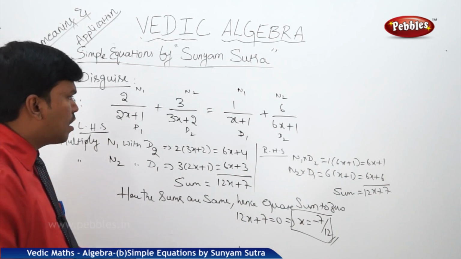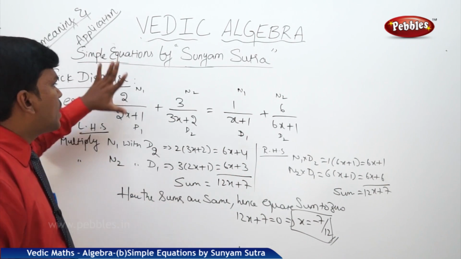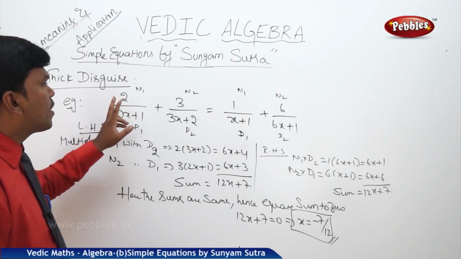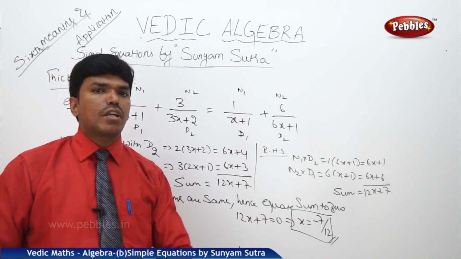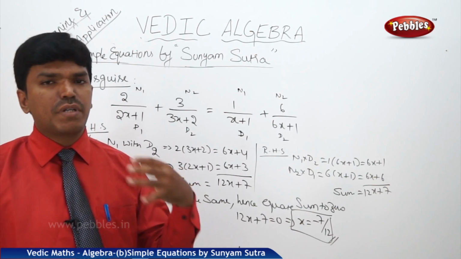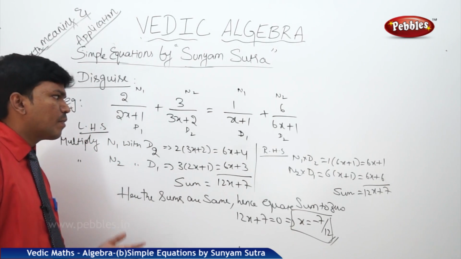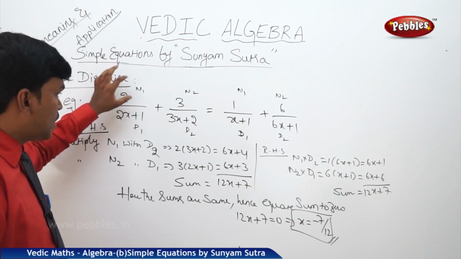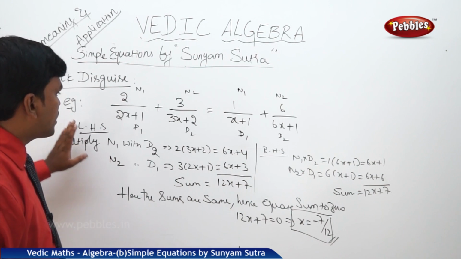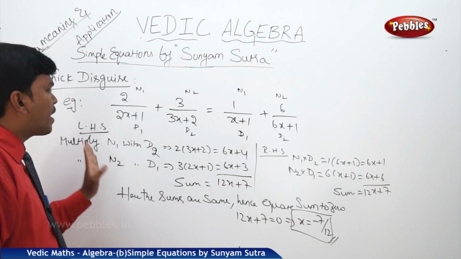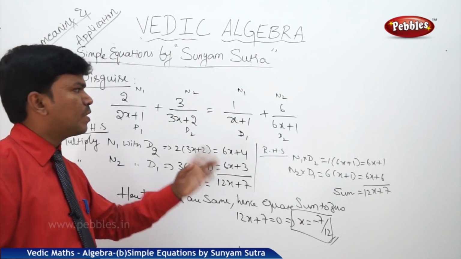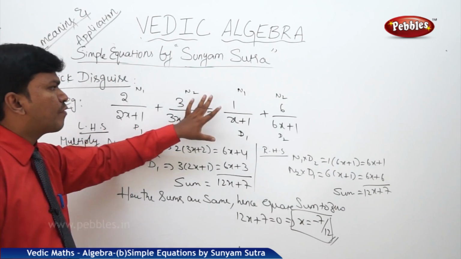So once again I am saying, in the given equation, whenever the numerators are not 1, if there are some other numbers, what you need to check first? First see the LHS part. On the LHS part, multiply numerator 1 with denominator 2. There are two terms, right? Here one fraction and here one fraction.